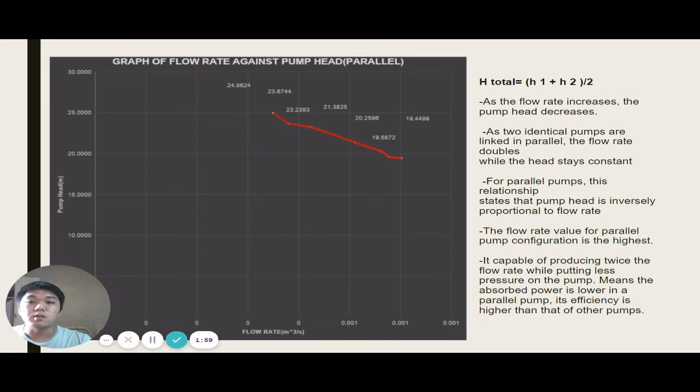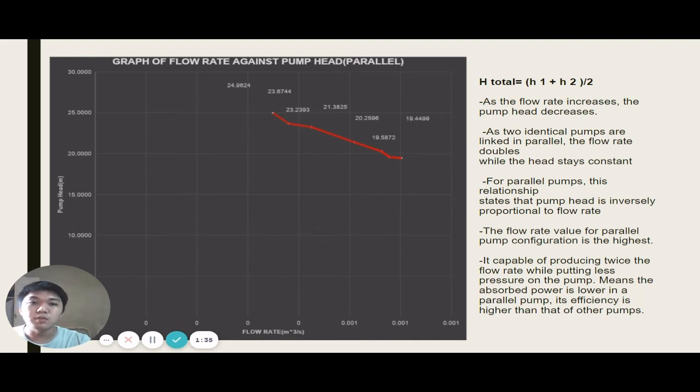From the graph of flow rate against pump head in the parallel configuration, the net head of the parallel pump configuration, net head total, equals H1 plus H2 divided by 2 because it's in the parallel configuration. So we need to divide by 2.